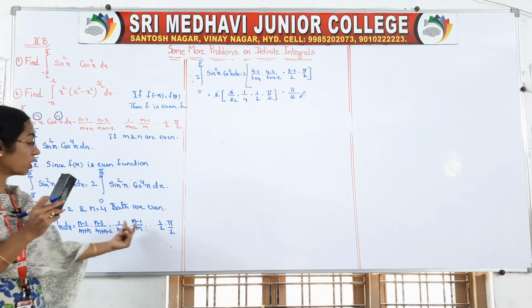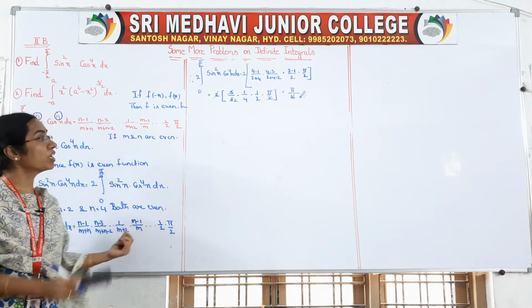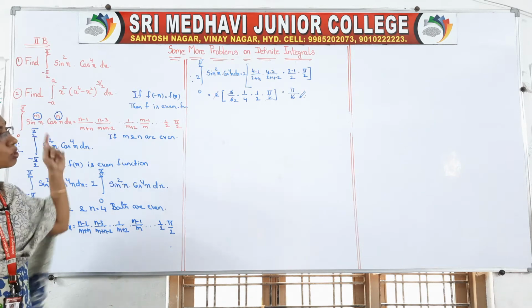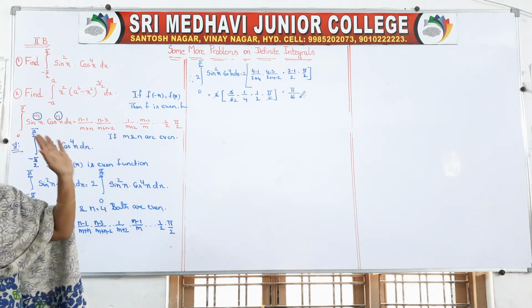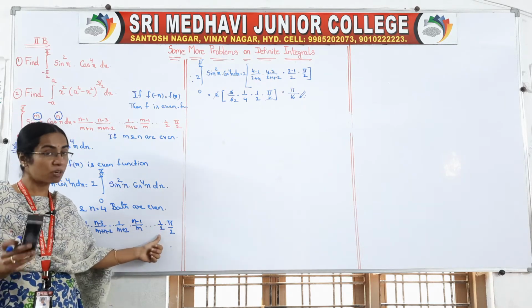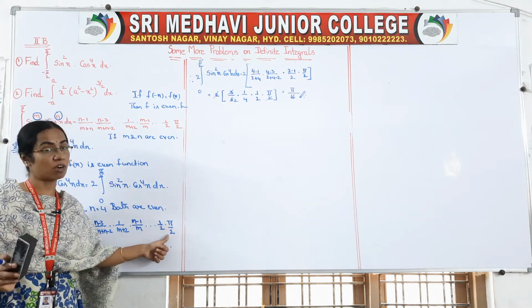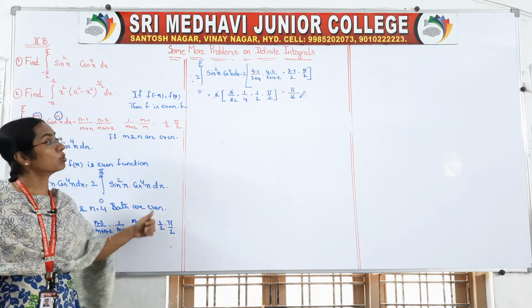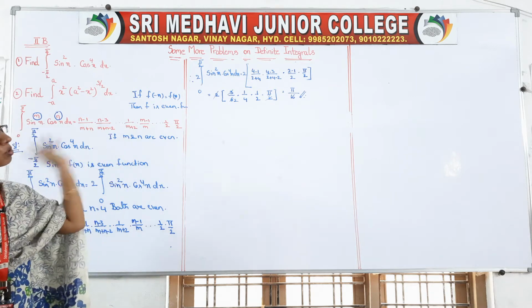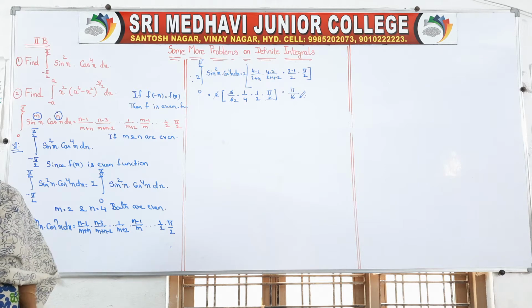So we have to stop and we have to start with m minus 1 by m. Where our m is 2, 2 minus 1 by 2 is 1 by 2. We have to write all these terms till we get 1 by 2. Once we got 1 by 2, into pi by 2 we have to take. So we got 1 by 2, so into pi by 2. So 2 cancel, 3 ones are 3, 2 2s are 4, pi by 16 is the answer.